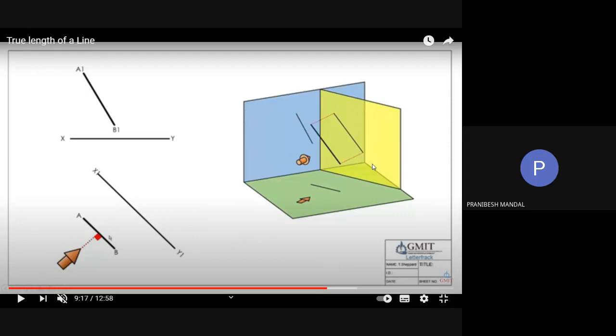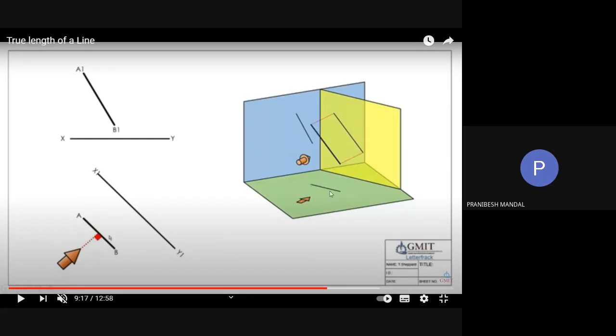Should I repeat the total procedure? Somebody please communicate, otherwise I am not getting a response. Yes, sir. Okay. So what we have done, we have taken a plane parallel to the horizontal view of this particular line, right?